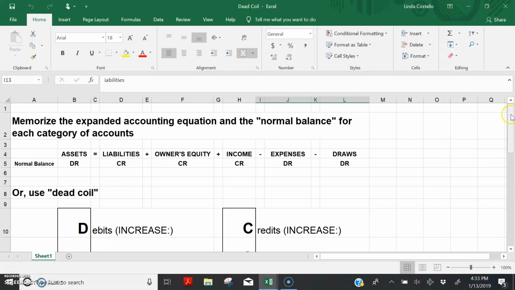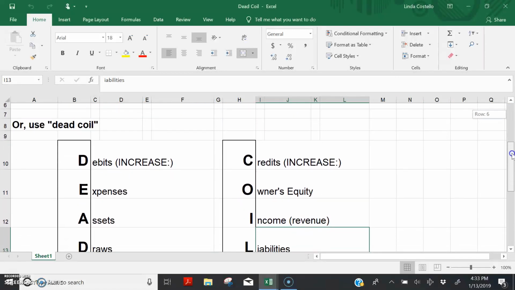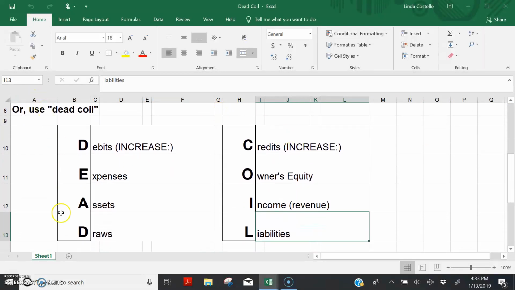So let's look at DEAD COIL. Dead, D-E-A-D, coil, C-O-I-L. D stands for debits. And each of these account categories have a normal debit balance.